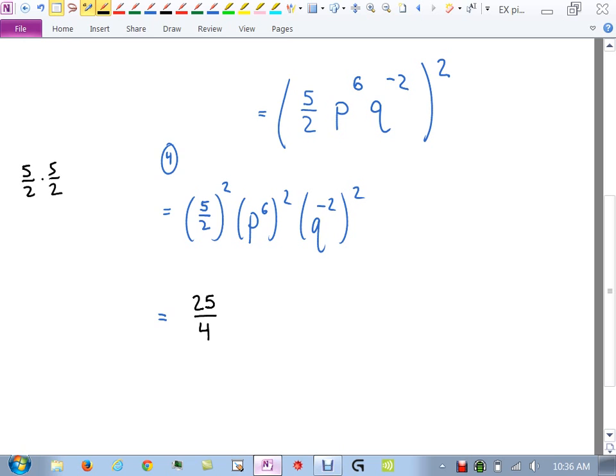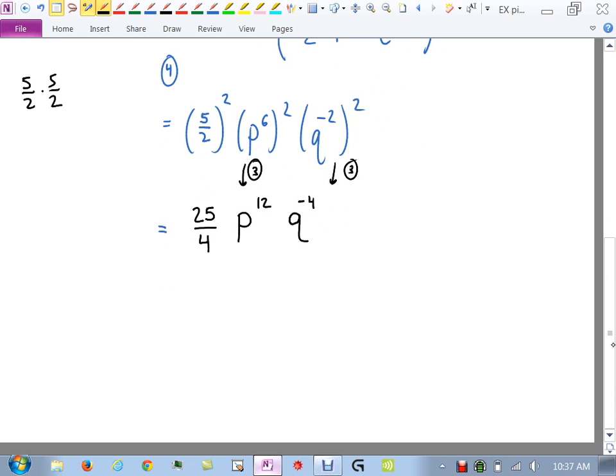What property are we using? Property 3. Something to a power, you multiply the powers. So that's p to the 12th. That was property 3. What about q to the negative 2 to the 2? That's q to the what? Negative 4. And that again was property 3.